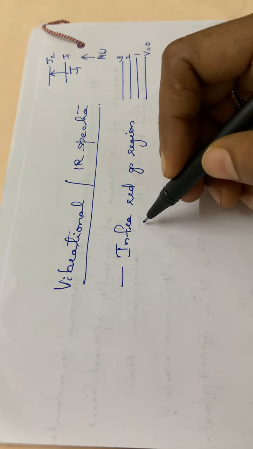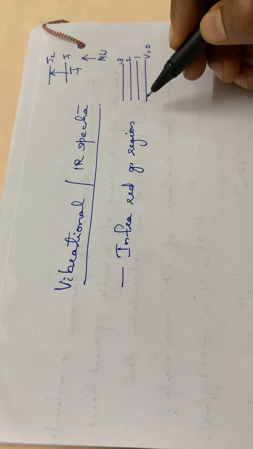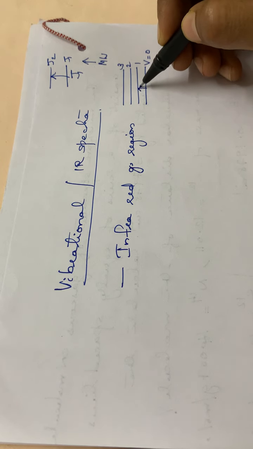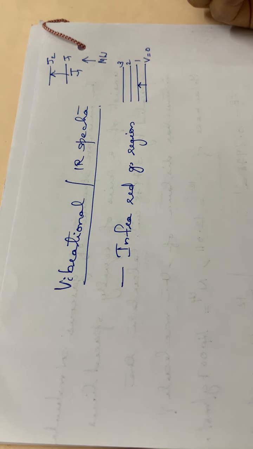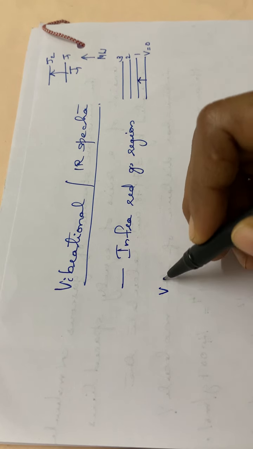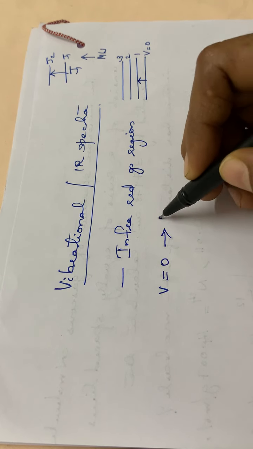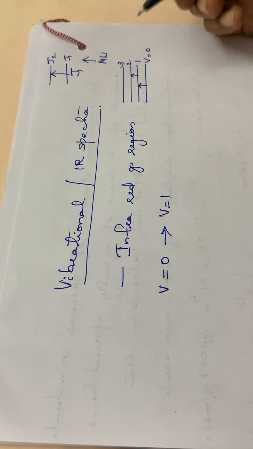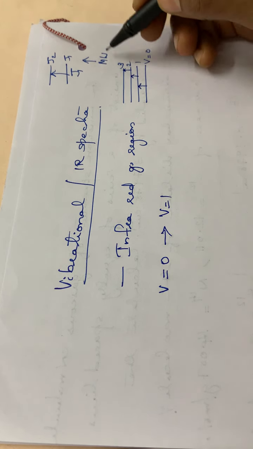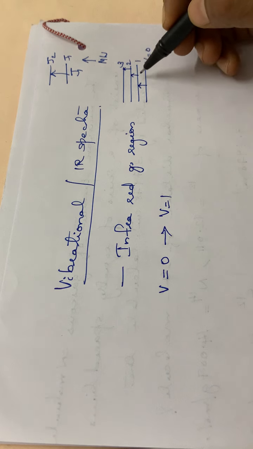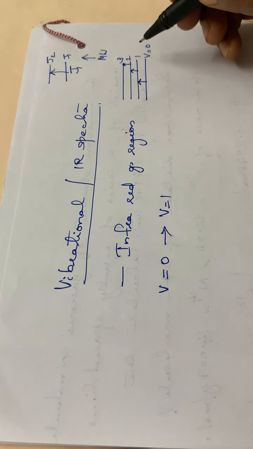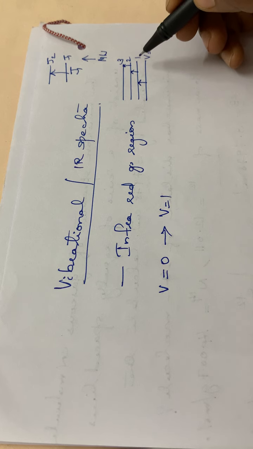So if the molecule is absorbing energy from the IR region, what happens? It will be excited from the ground state to the next higher energy level. That is, the transitions can be from V is equal to 0 to V is equal to 1, or from 1 to 2, or from 2 to 3, and so on. The transition depends upon the energy the particular molecule absorbs.